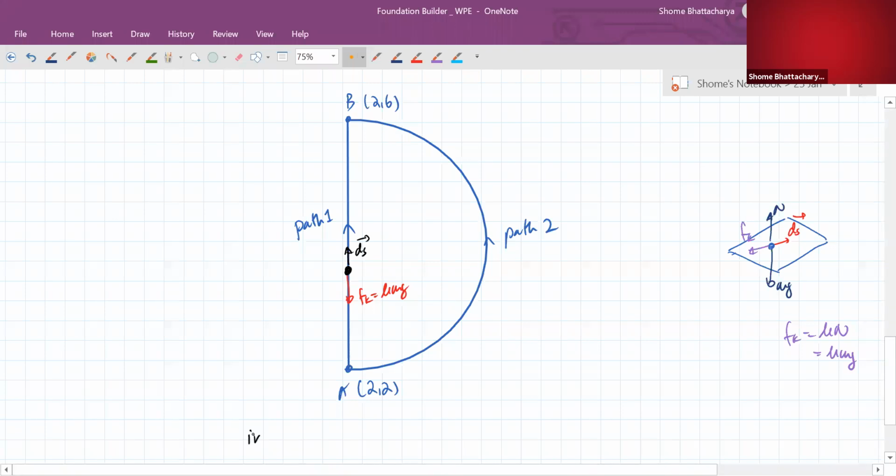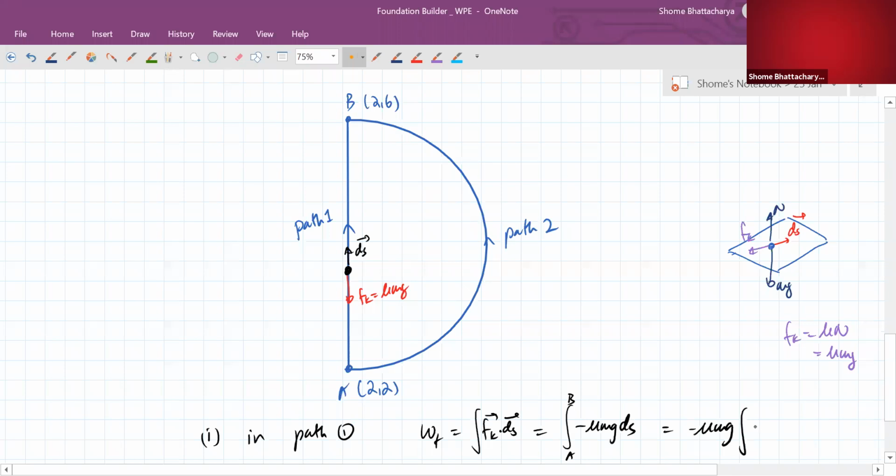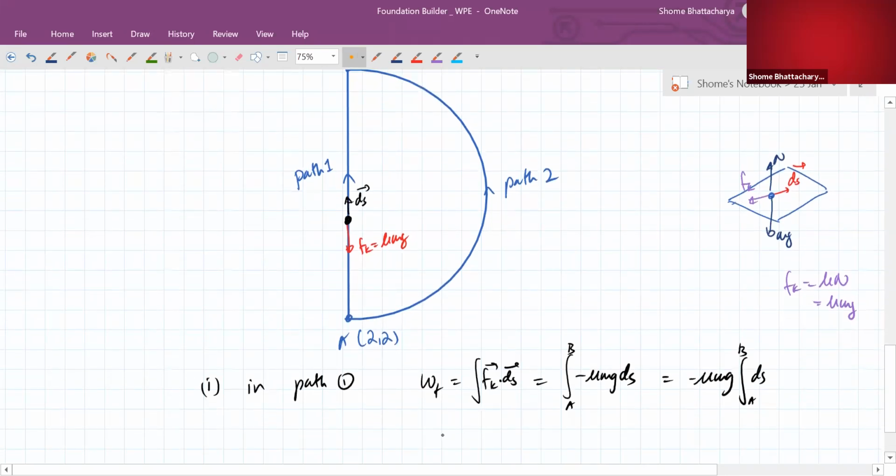So in path 1, how much will it be? The displacement from A to B, how much is that?